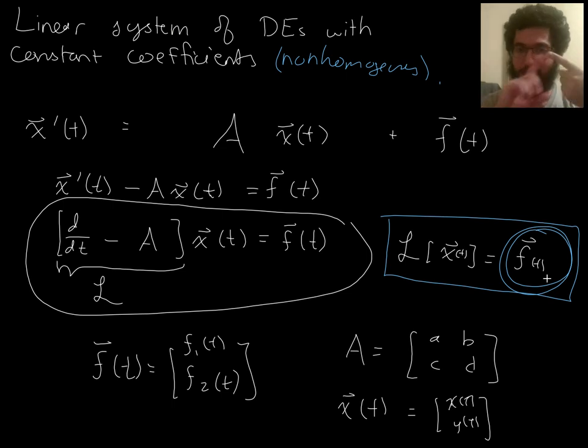First, get a general solution to the homogeneous linear system, then somehow get some particular solution, some solution to the non-homogeneous version, then add them to get a solution to the full non-homogeneous linear system. All that still applies here. That's still what we're going to do, because we still have linear operator applied to unknown vector, this time vector of functions rather than just one function, equals another vector.